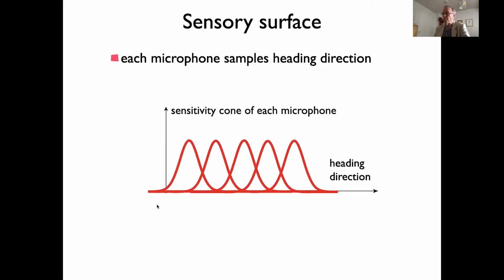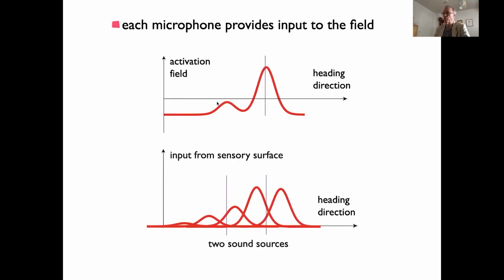So we have only 5 sensory measures. These are the 5 loudness levels from the 5 microphones. Each is considered to contribute this sort of sensitivity cone, which you could think of as a tuning curve, to the field that we'll be feeding these into. So we'll have a field defined over heading direction, and it receives just these 5 inputs, that is, the 5 numbers from the microphones, multiplying each of these receptive fields, providing then input to the field.